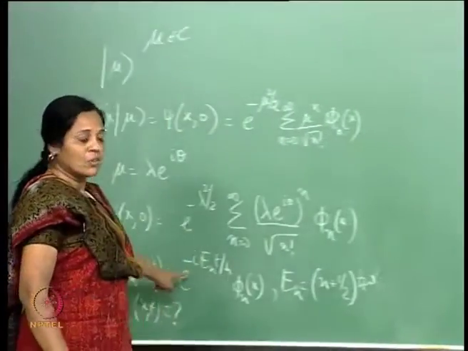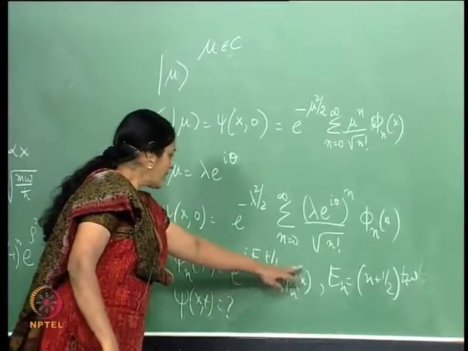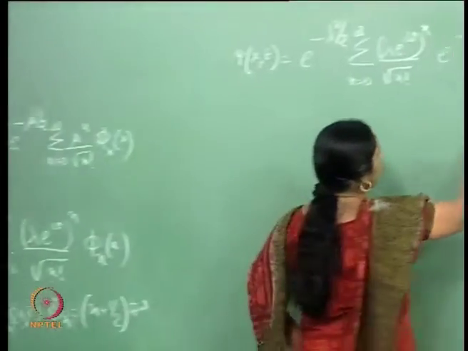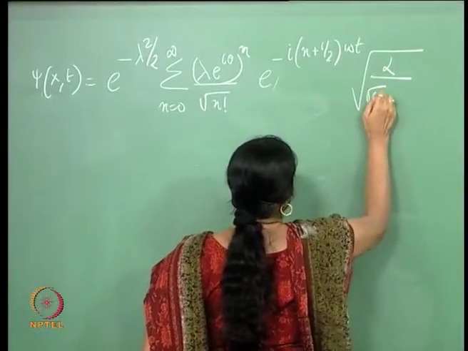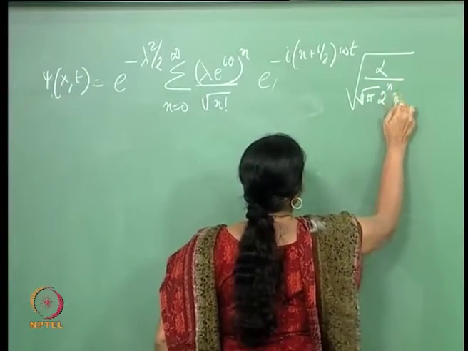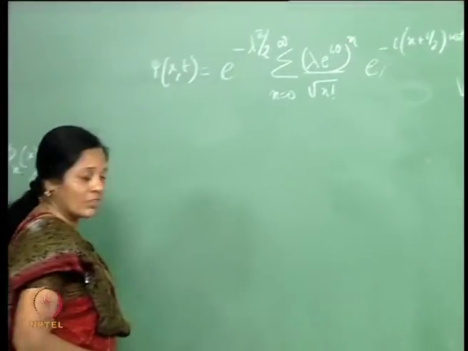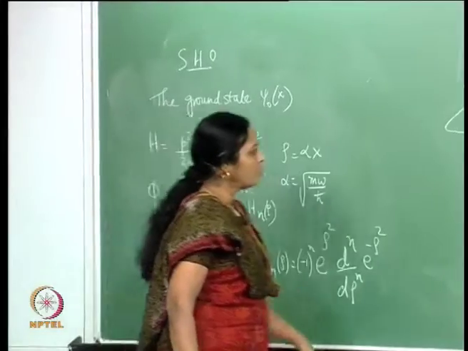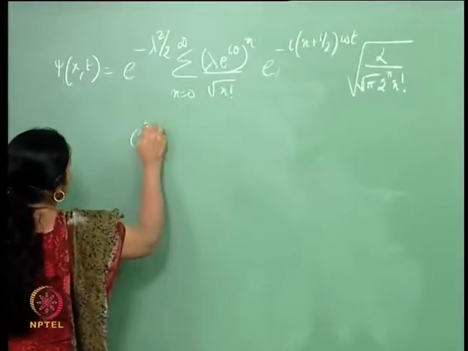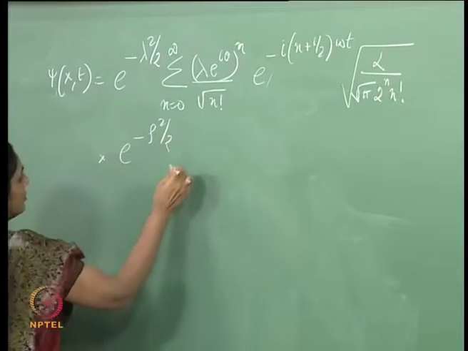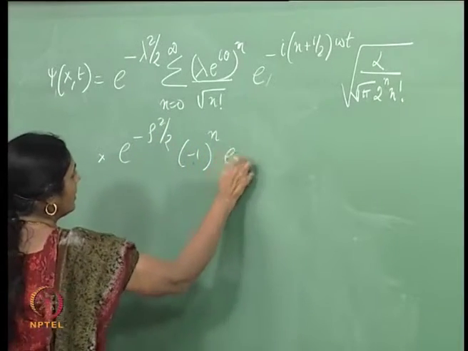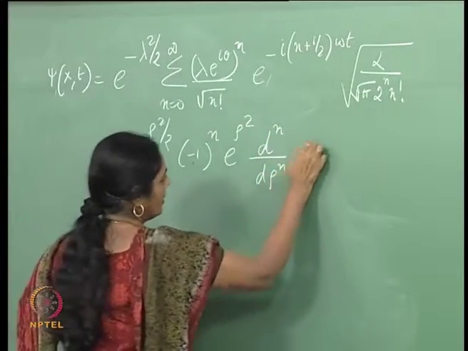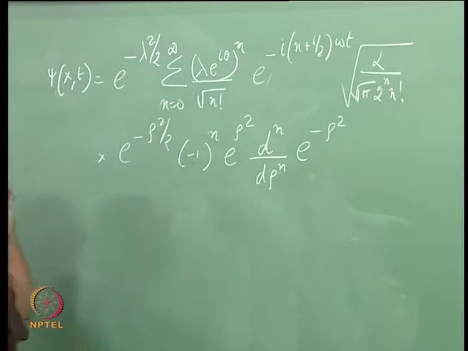So I have taken care of the time evolution of the stationary state and I substitute for phi n of x. It has a normalization root of alpha by root pi 2 to the power of n factorial, and then e to the minus rho squared by 2 H n of rho, and H n of rho was minus 1 to the n e to the rho squared d by d rho to the n, d n d rho to the n e to the minus rho squared. So this is the object that I have.